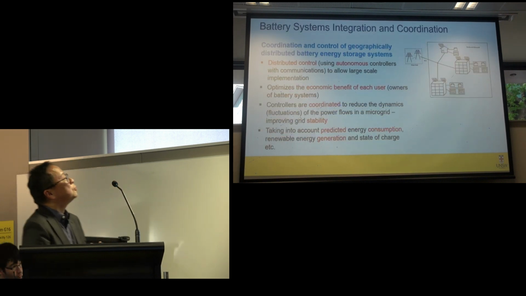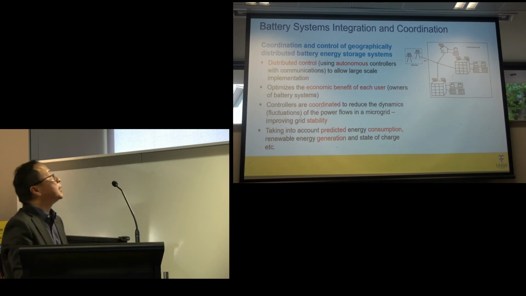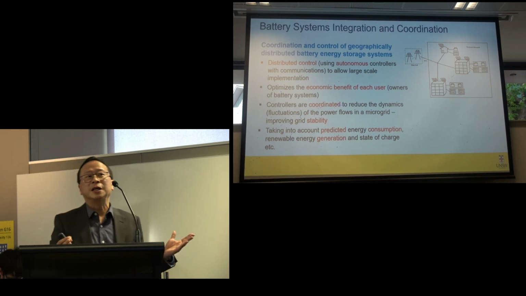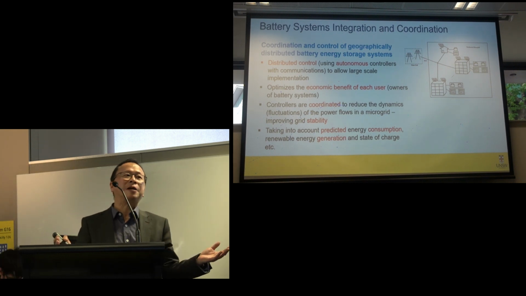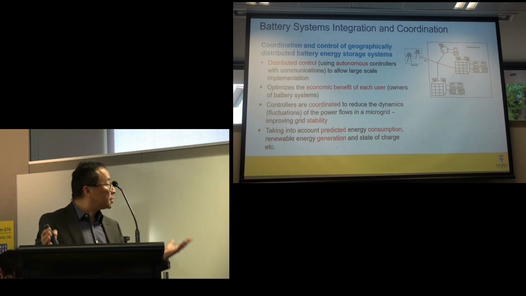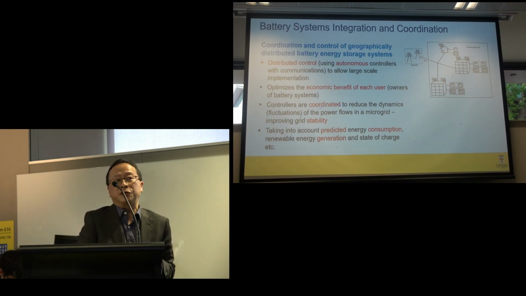We also looked at battery integration and coordination issues. We have a number of battery systems installed, geographically distributed, and we look at how those battery systems coordinate with each other.